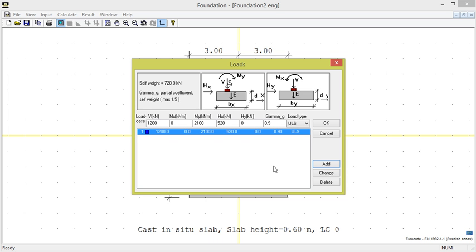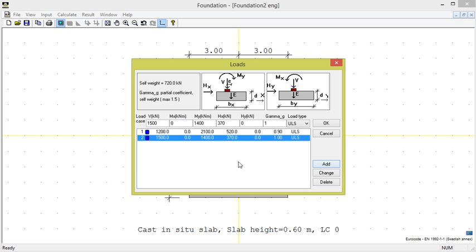In load case 2, the vertical force is 1500 kN. The moment my is 1400. The horizontal force hx is 370. Gamma G is 1.0, and also this is a ULS load case.